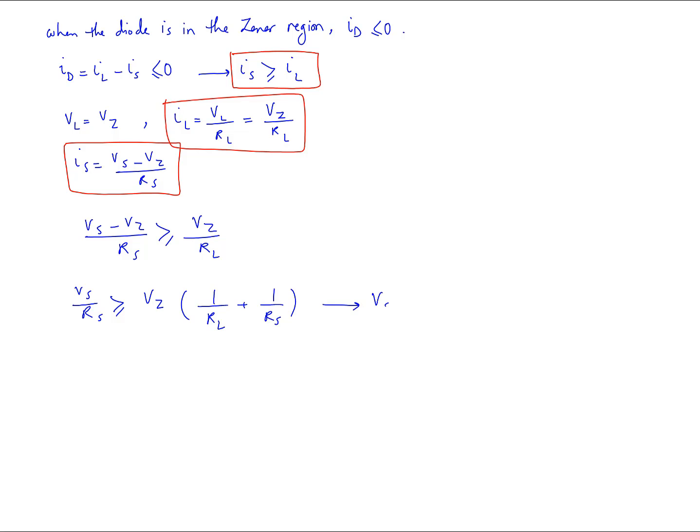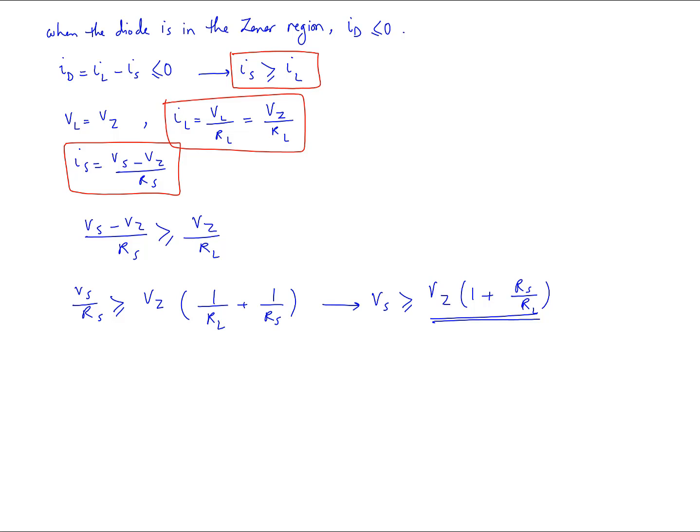So VS must be greater than or equal to VZ multiplied by 1 plus RS over RL. As long as VS is greater than this quantity, the voltage across the load is going to stay at a constant value equal to VZ, the Zener voltage of the Zener diode. So the variation in VS is not going to affect the load voltage.